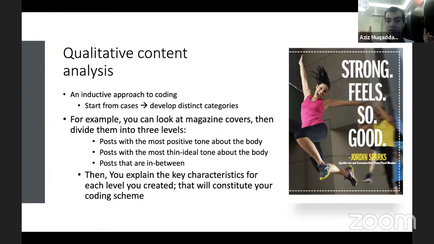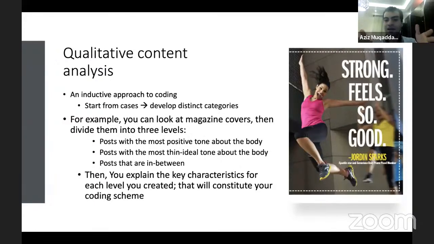So in other words, you don't have a pre-established definition of what a positive tone is. You have some notion, some basic understanding, but what does body positivity mean?